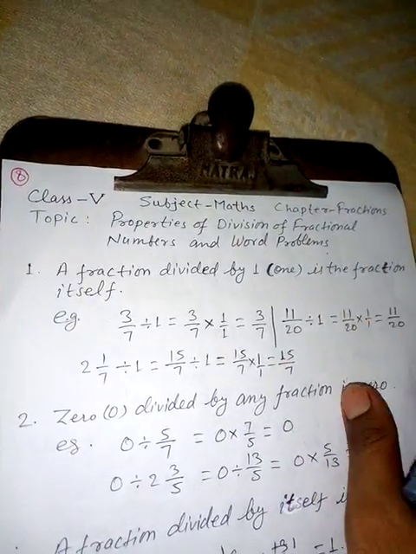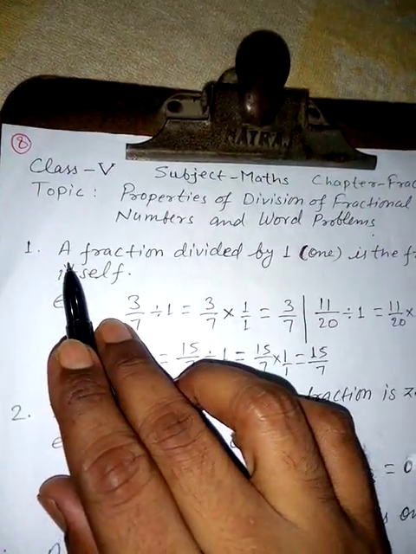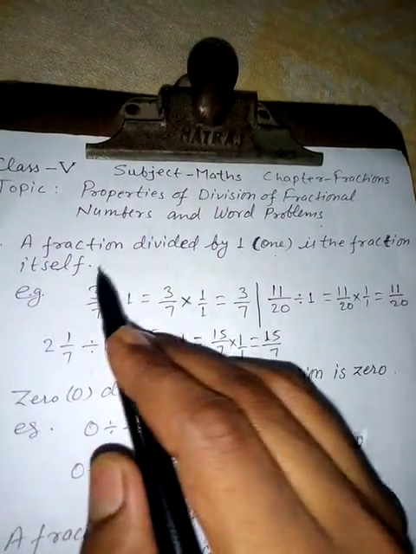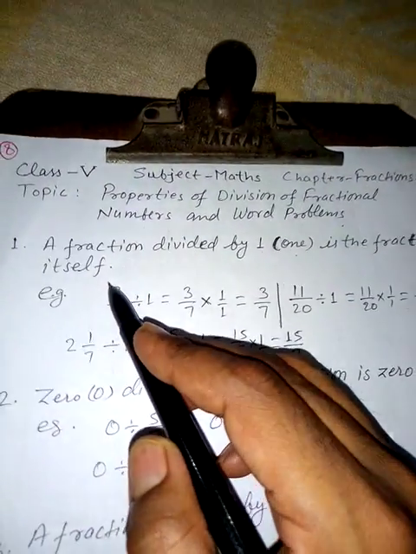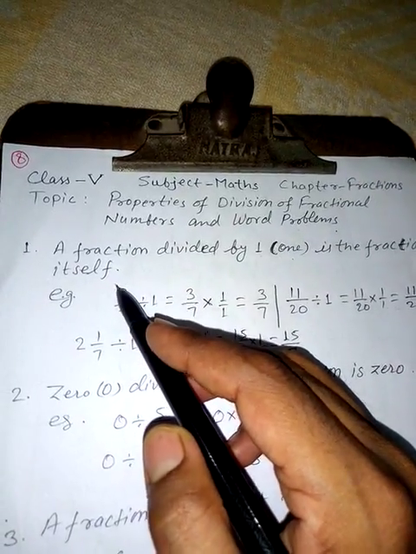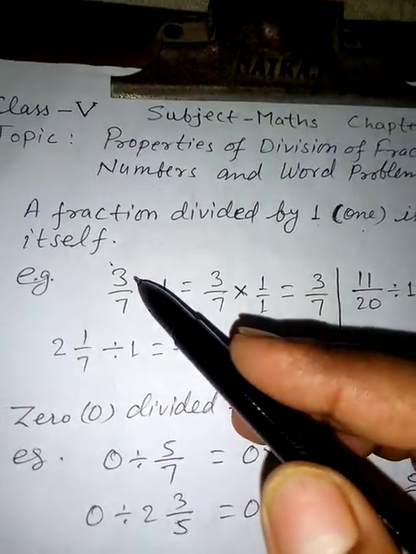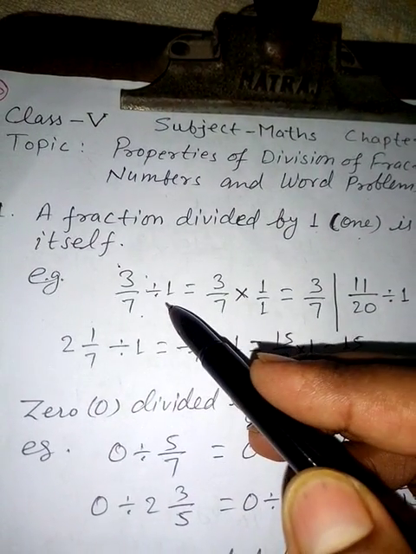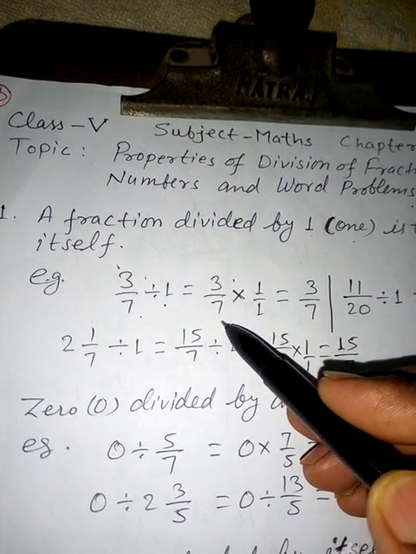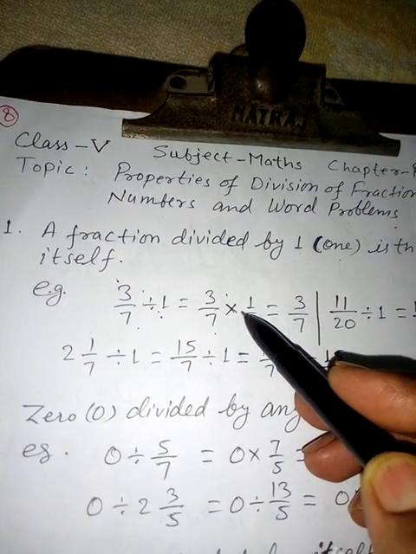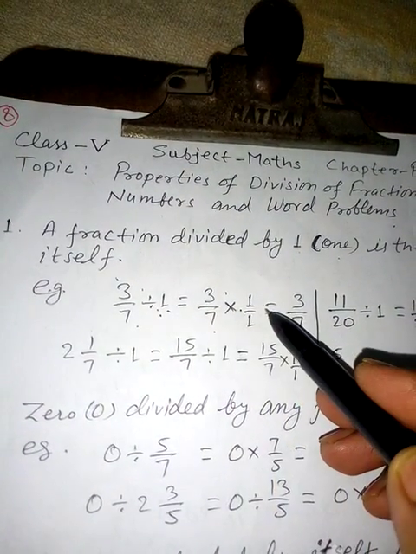For properties, the first property is a fraction divided by 1 is the fraction itself. When you divide a fraction by 1, then you will get the same fraction. For example, 3 by 7 is a fraction and it is divided by 1. Then 3 by 7, and this division changes into multiplication, and the reciprocal of 1 is 1.